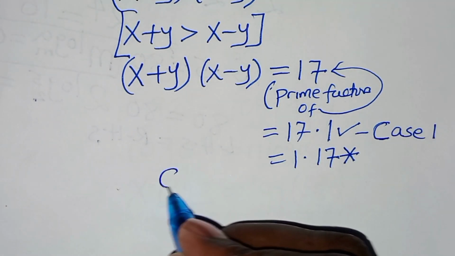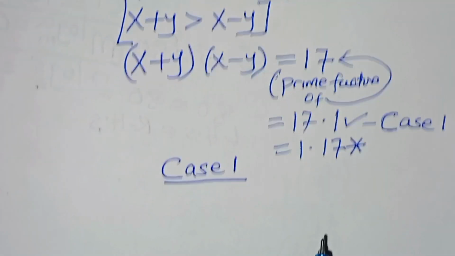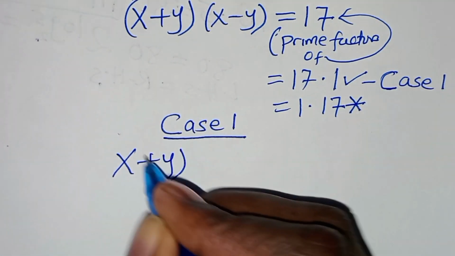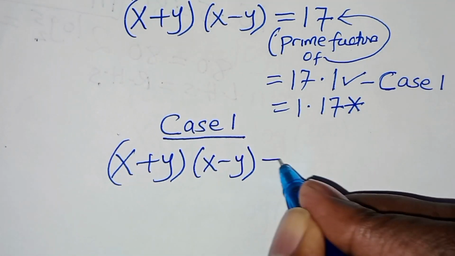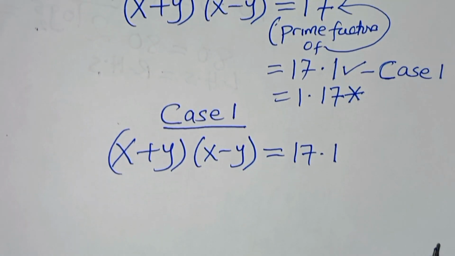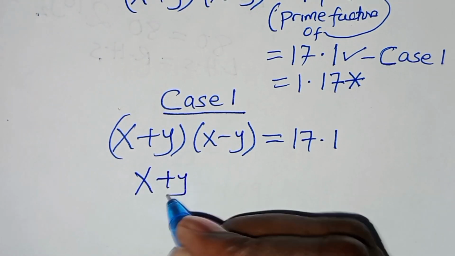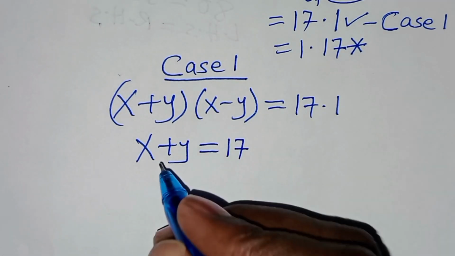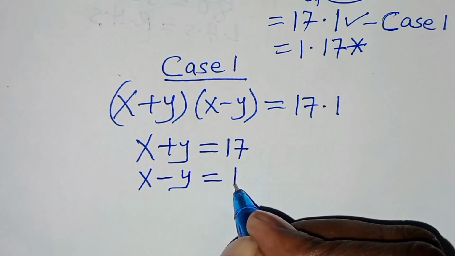We have x plus y times x minus y equal to 17 times 1. So this implies that x plus y is equal to 17, and x minus y is equal to 1.